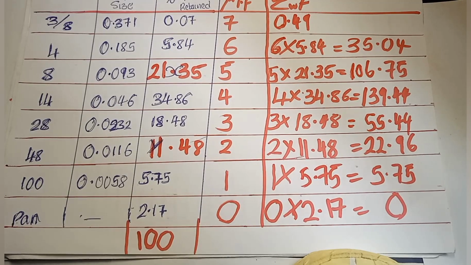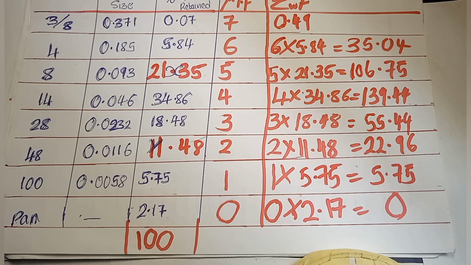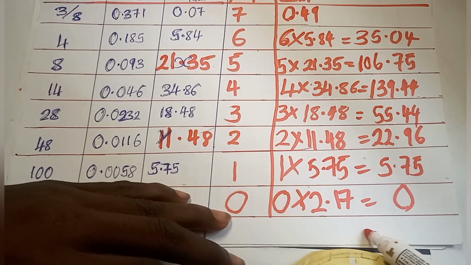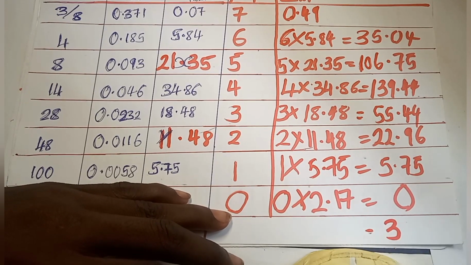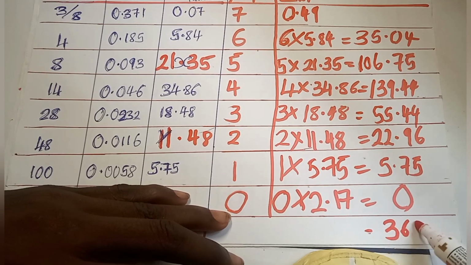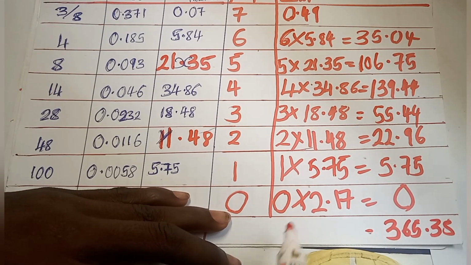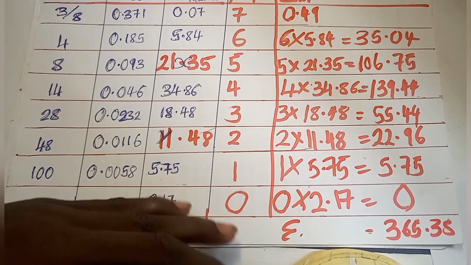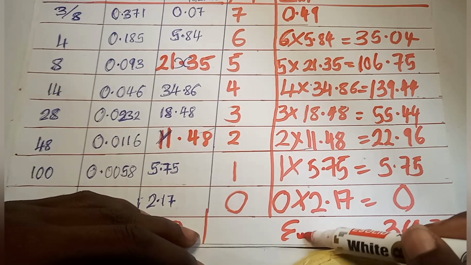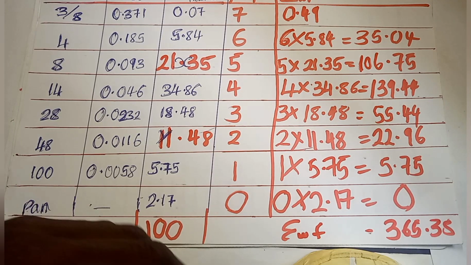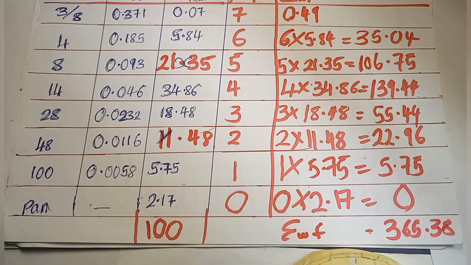When you punch your calculator, you will get 365.38. So the sum of the weight by fraction equals 365.38.